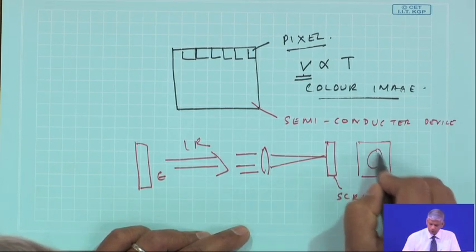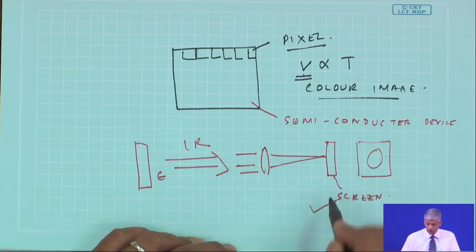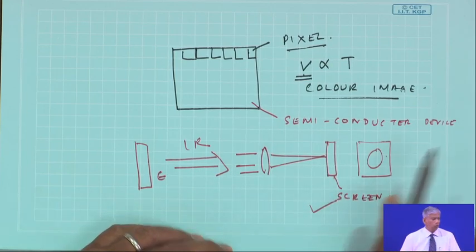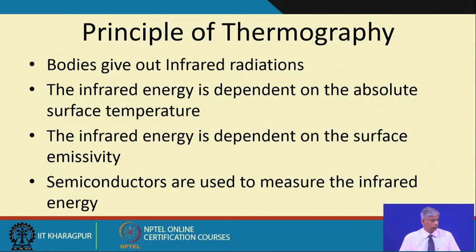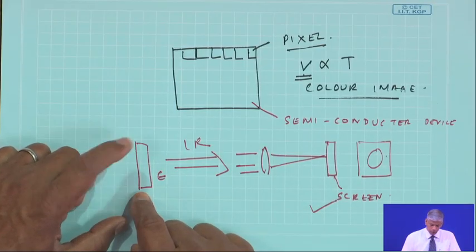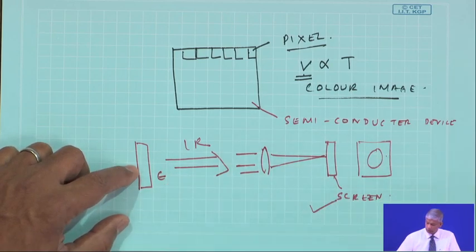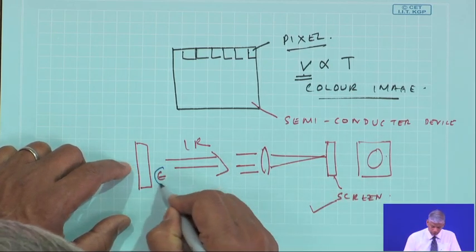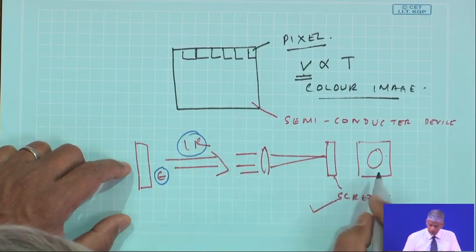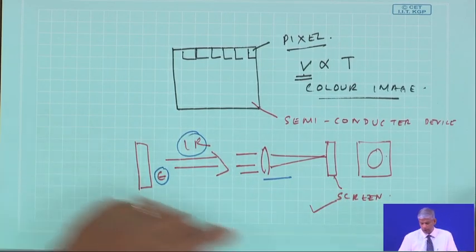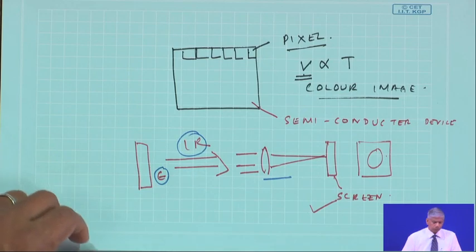So, the body's temperature you will get. This is essentially how the thermography principle works, and we will see what sort of body conditions are important, how we estimate IR emissivity, how we calibrate this, and what kind of camera system we require to get an image.